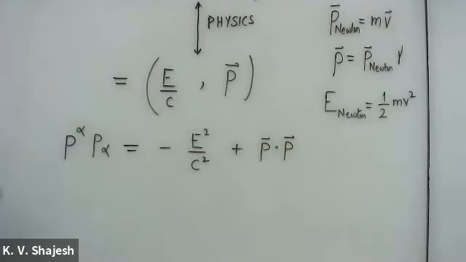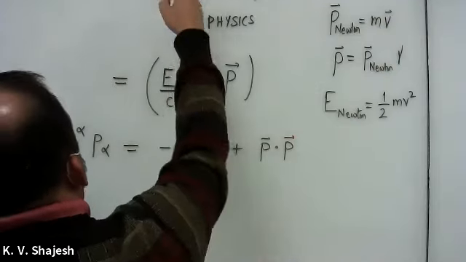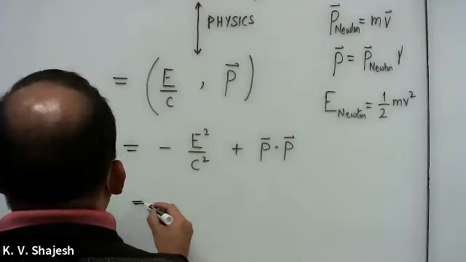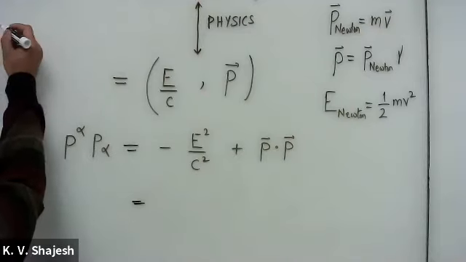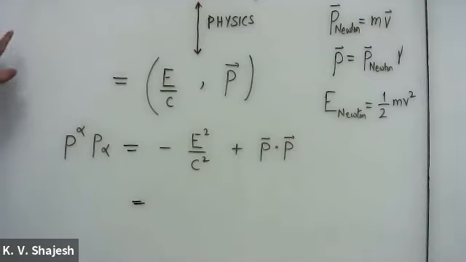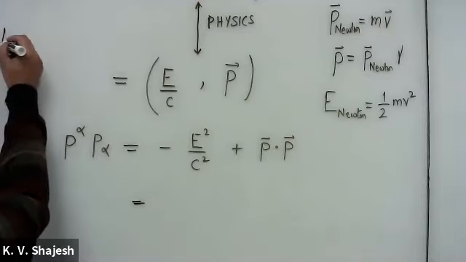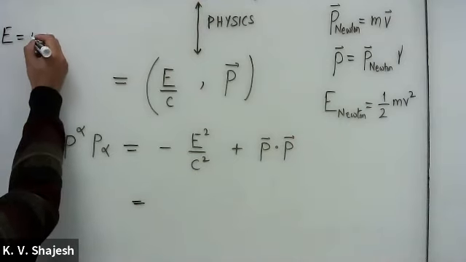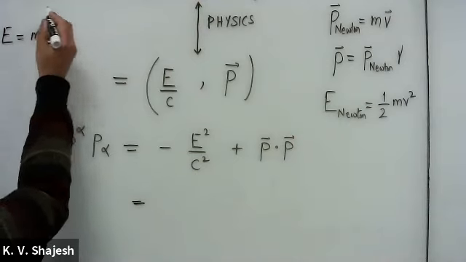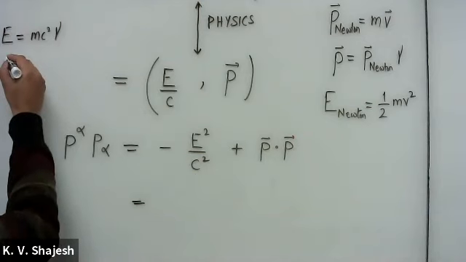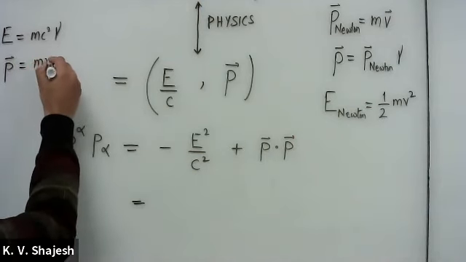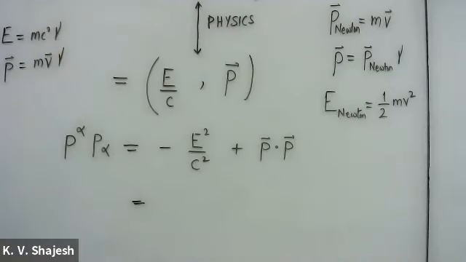Let's see what that comes out to be. E over c is by definition this. So E is equal to mc squared gamma. That's a definition. Momentum is mv gamma.